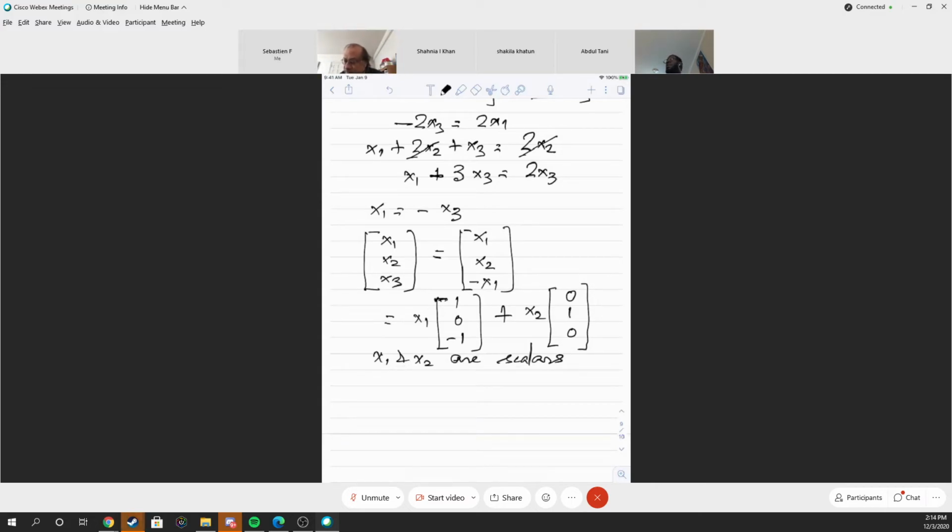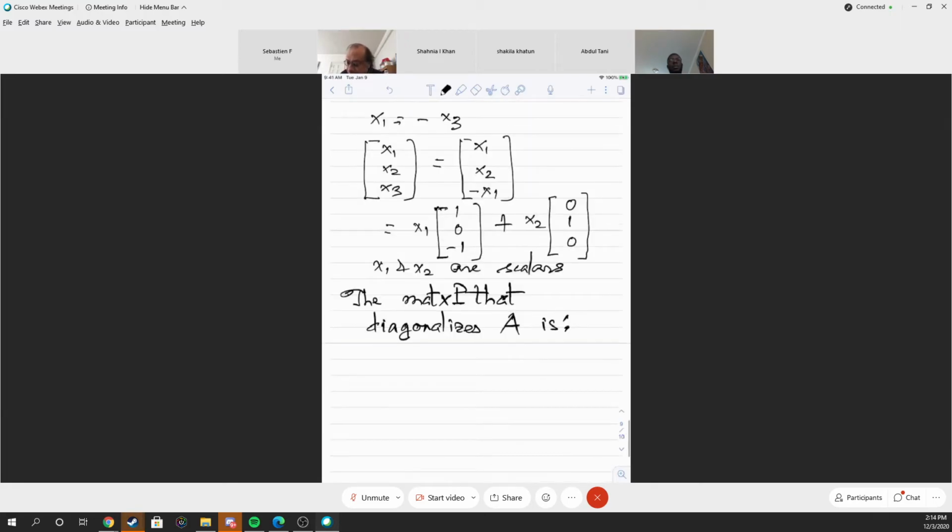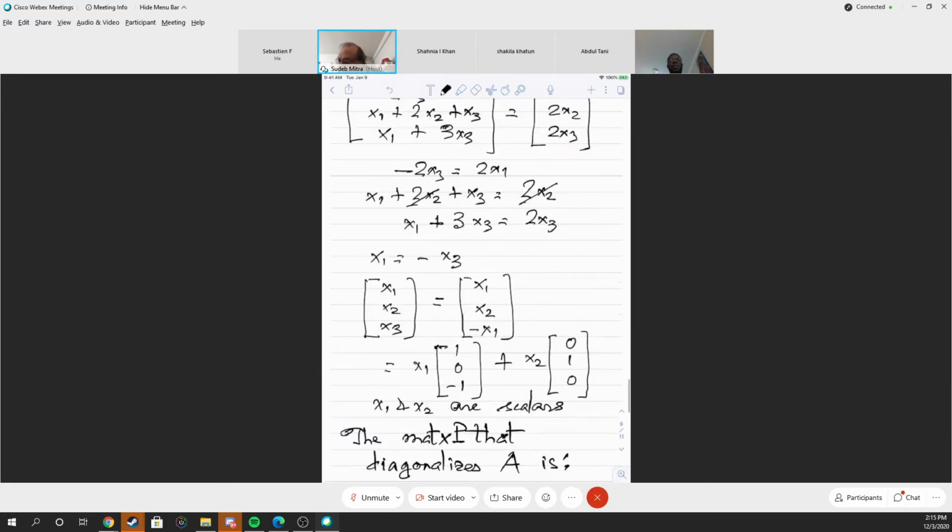So what are the vectors? P inverse AP is the diagonal matrix, where P is the matrix that diagonalizes A. Let's take it straight.